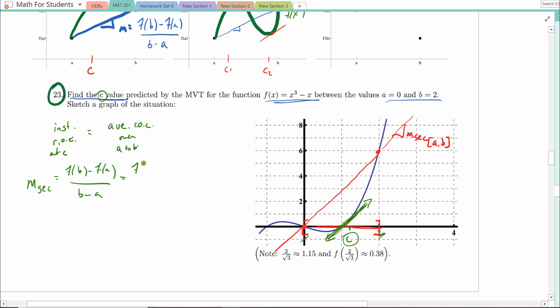So that gives us f of 2 minus f of 0 all over 2 minus 0. So that gives us 6 minus 0 all over 2 minus 0, which gives us a slope of the secant line of 3.